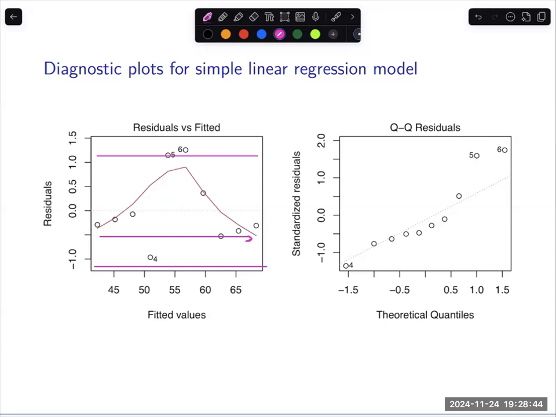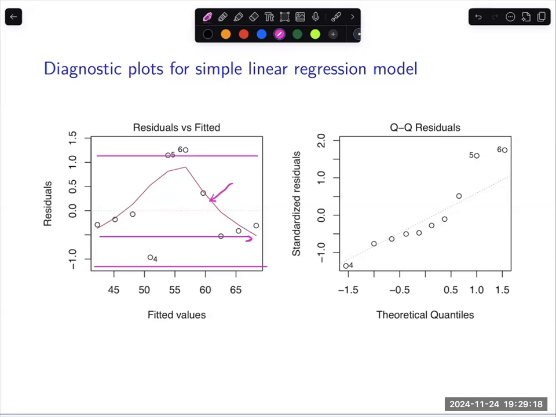Basically the data is distributed around 0, not systematically, with common variance around 1. Please ignore this auto-generated curve from R. Sometimes it is useful, but in our case it is not helpful since we do not have that many observations. So assumptions 1 and 3 have no obvious violation.